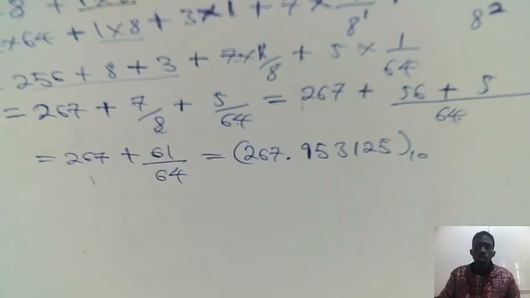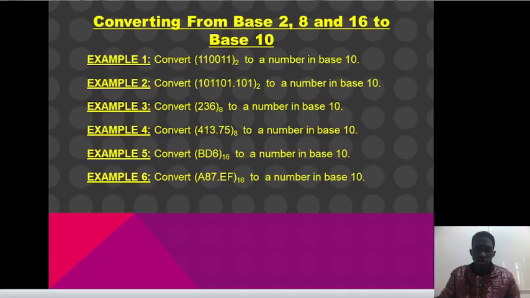Moving on to the next example, example 5, where we'll be dealing with base 16. We're asked to convert BD6 in base 16 to a number in base 10. This isn't new to us.